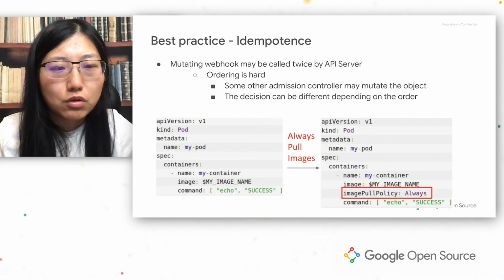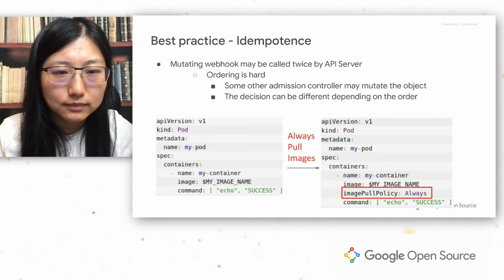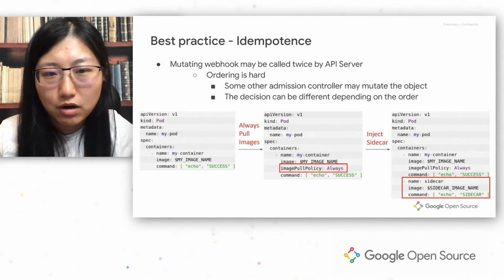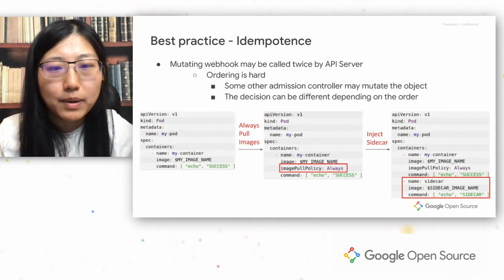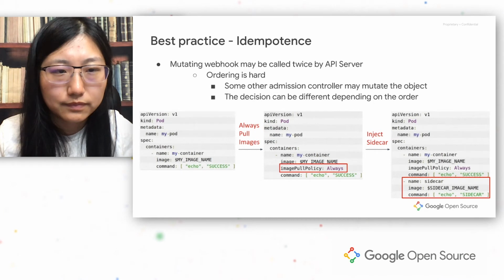If we first call always pull images, which will update our image pull policy to be always, and then inject sidecar is called, it will try to append a sidecar with the name sidecar in the containers list, but the image pull policy is not set to be always, which is against our expectation.